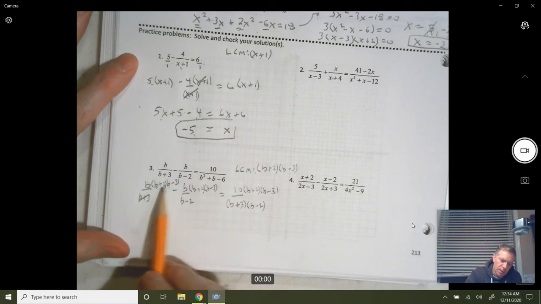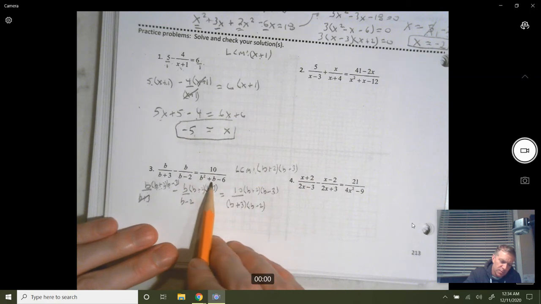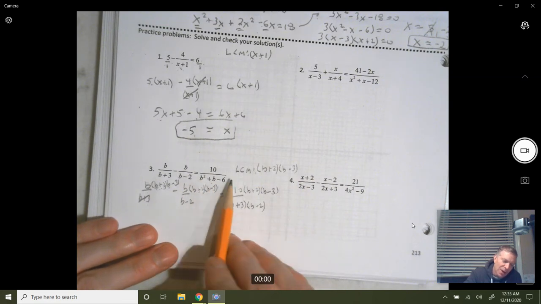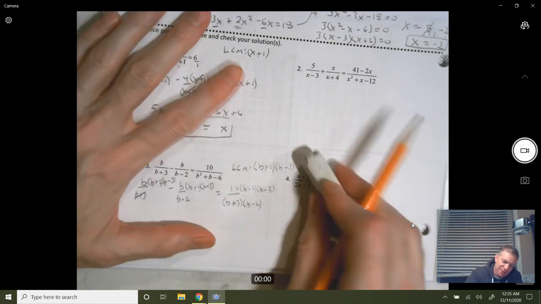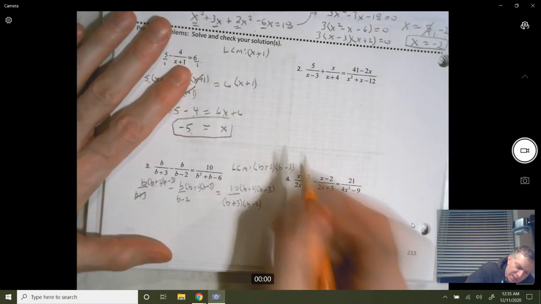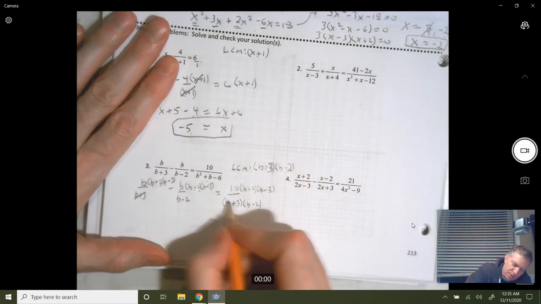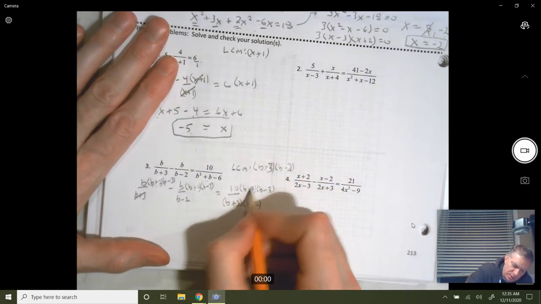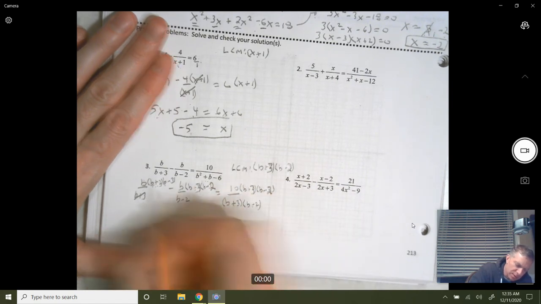Oh, those aren't the same. Let's make sure. Did I do that right? That factors into b plus 3, b minus 2. Okay, so these should be b plus 3, b minus 2. So this should be b plus 3, b minus 2 for each term.